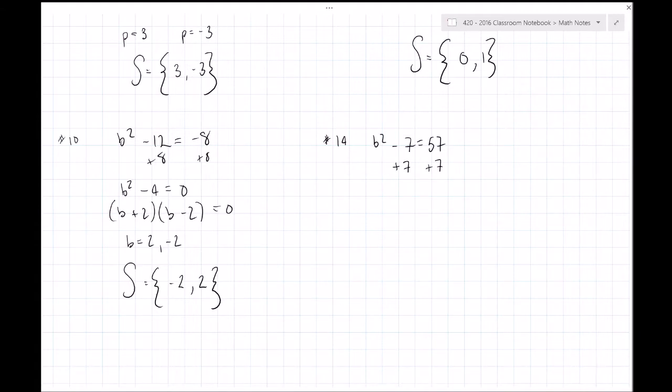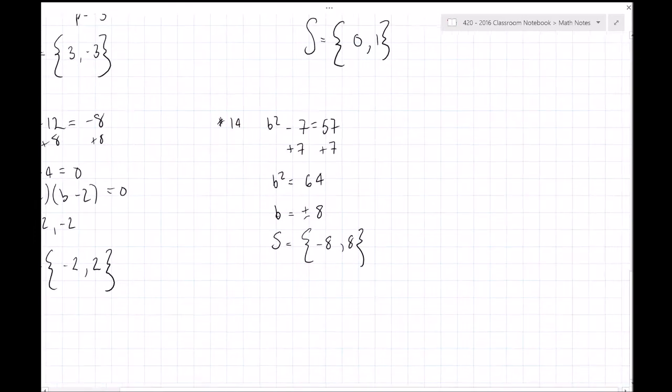We just have the squared term. So I don't need to do any algebra really to get b alone. I'm just going to move my 7 over. I get b squared is equal to 64. I take the square root of both sides, and I'm going to get b is equal to plus or minus 8. So my solution set contains the values negative 8 and 8.